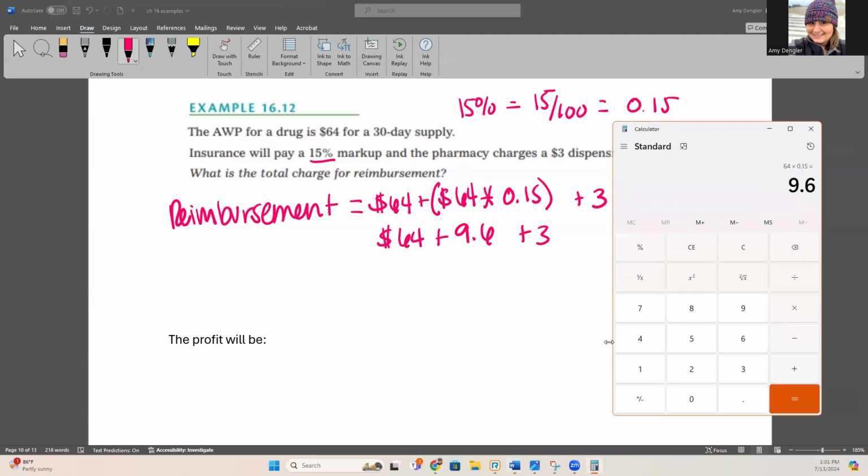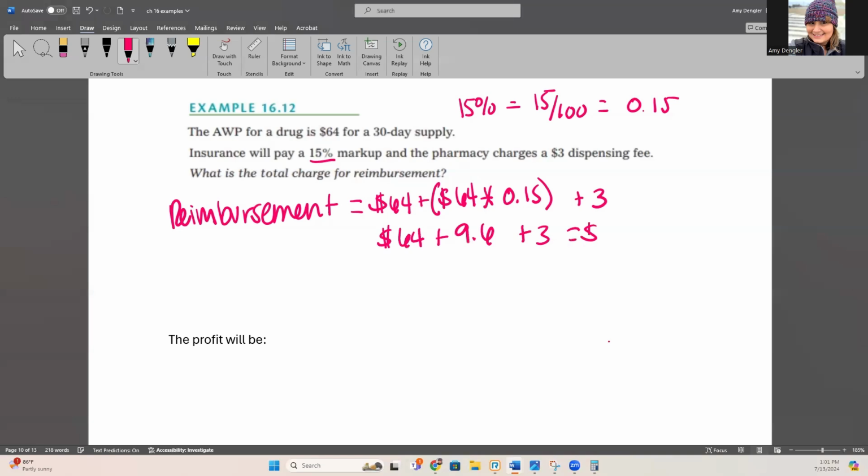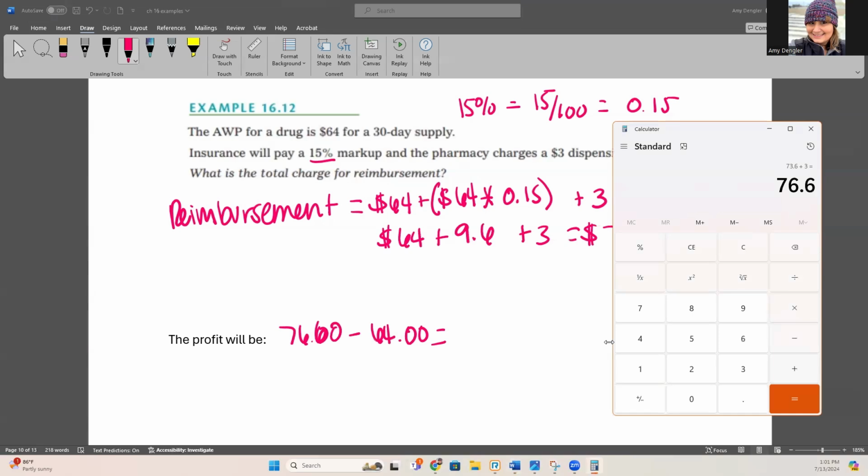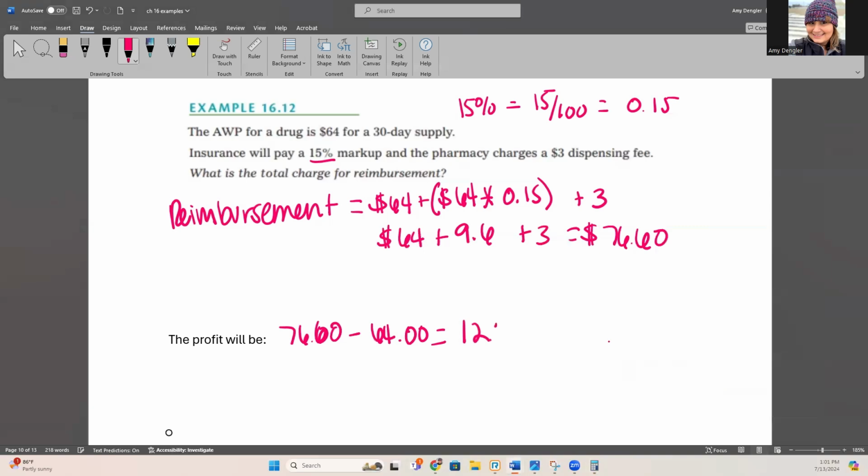So that would be $76.60. Then the profit would be the $76.60 minus the $64, which gives us $12.60 profit.